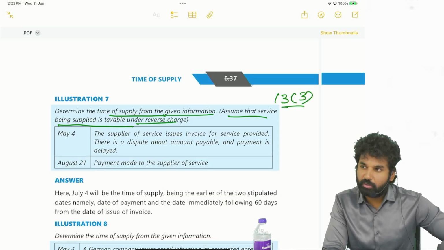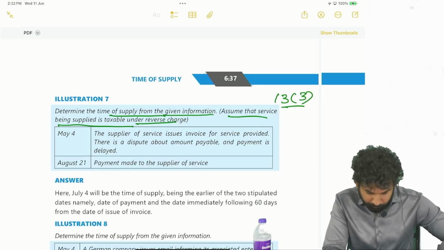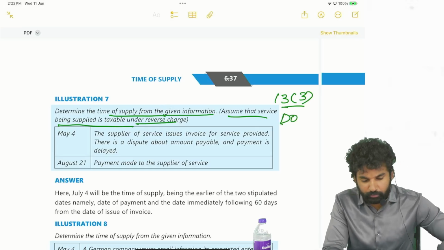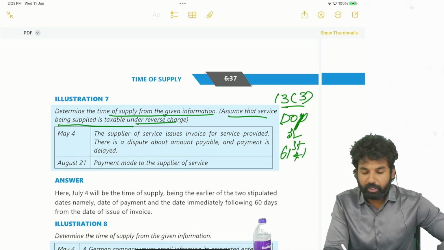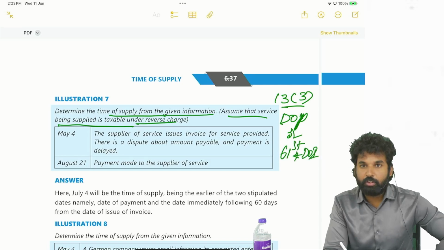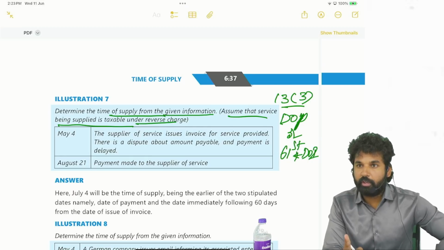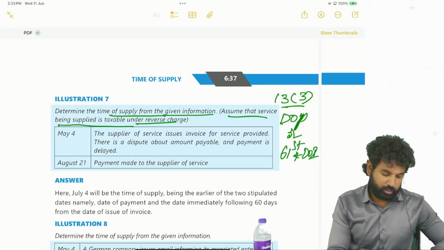What is the provision? Date of payment or 61st day from the date of invoice. That means we shall be knowing the date of invoice, right?